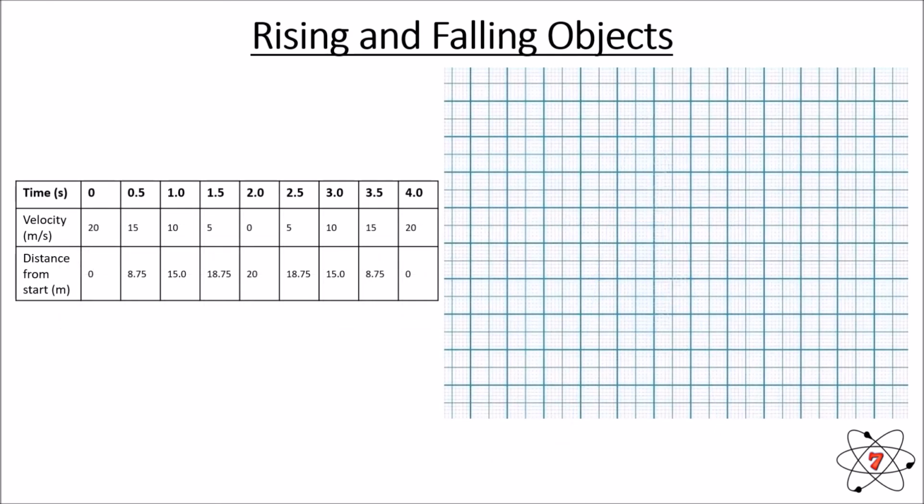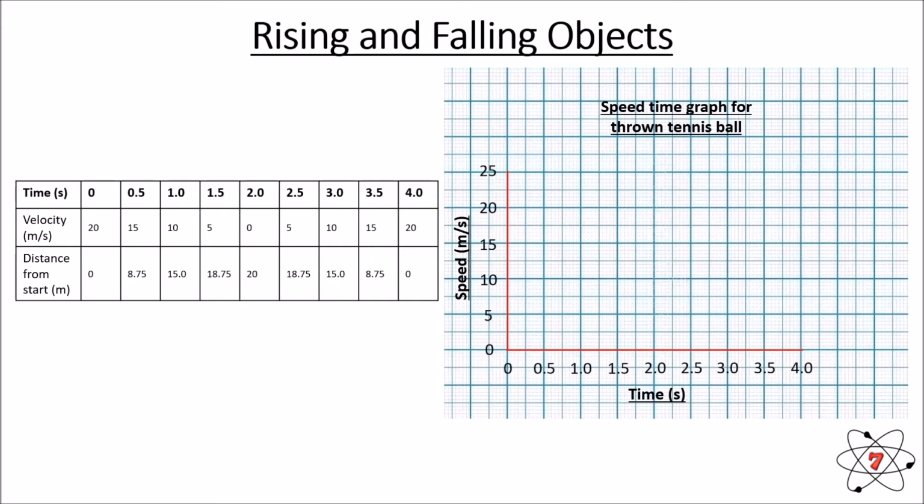And we can plot this information into a graph. So we write our title, we draw on our axes. Along the x-axis we have time, because time is independent. And along the y-axis we have speed in meters per second, because the speed is dependent on how long ago the ball was thrown.